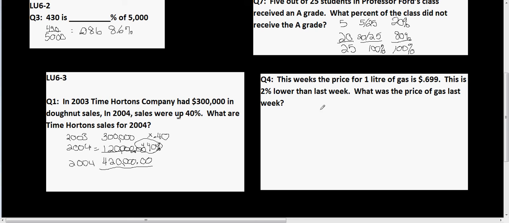We know that 0.699 is lower than last week. So what do we have to do? We have to divide by 1 minus how much the difference is, 0.02. Not 20%, 2%, 0.02.